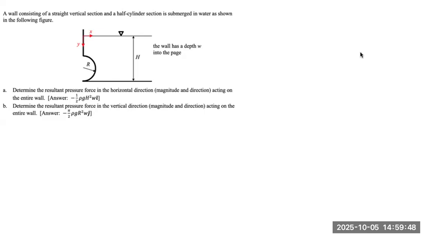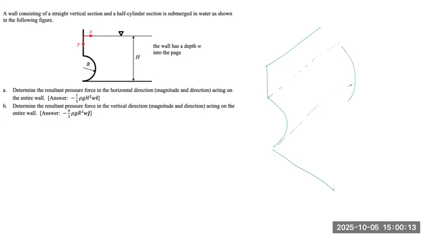So first, let's draw more clearly what this diagram is saying. Basically, we have a wall, and within the wall, there's a cylindrical section. And then we have the bottom of the tank, I guess, that this wall is on.